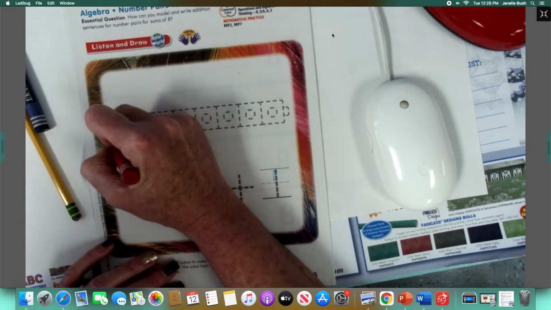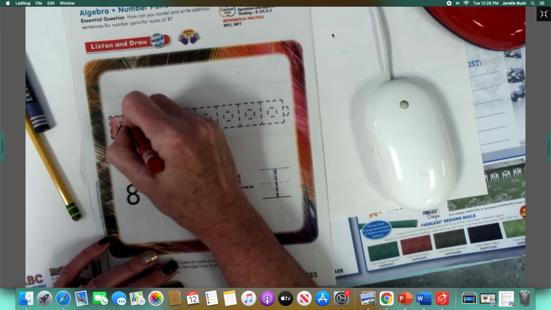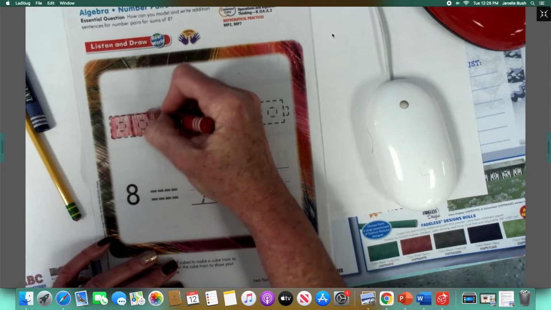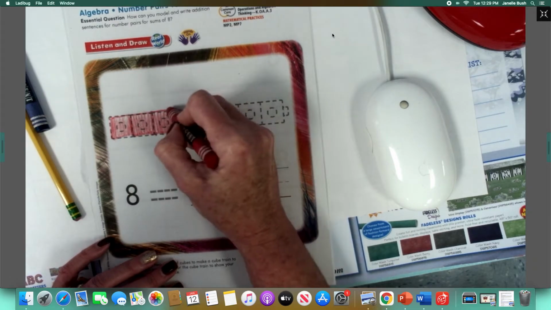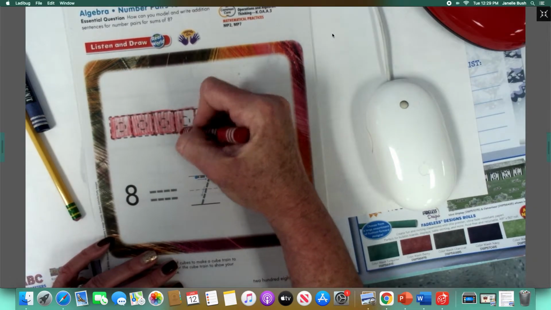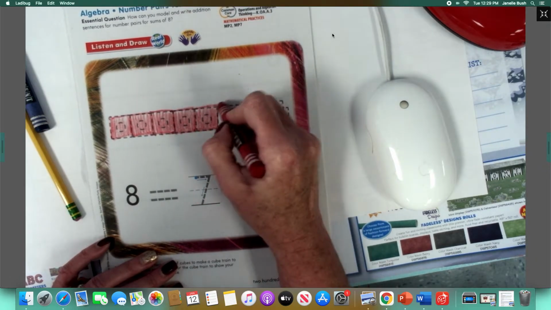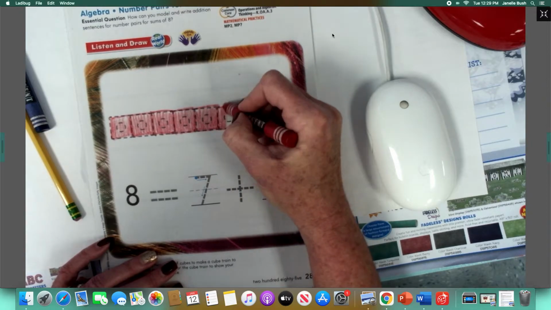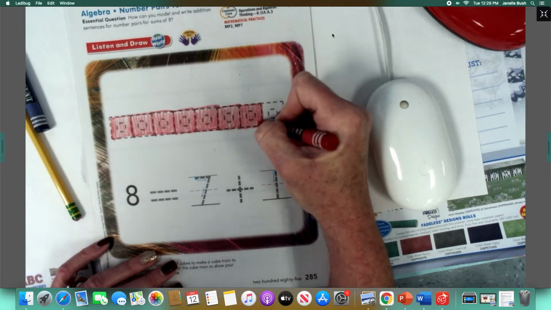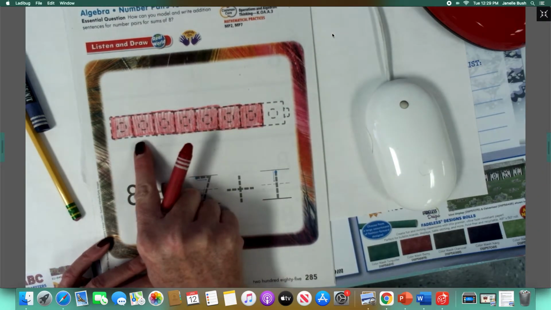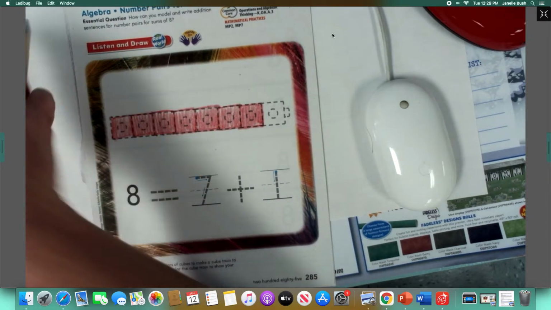Good job. 1, 2, 3, 4, 5, 6, 7. So I have colored 7 of the cubes red. Now how many are we going to color blue? 1.